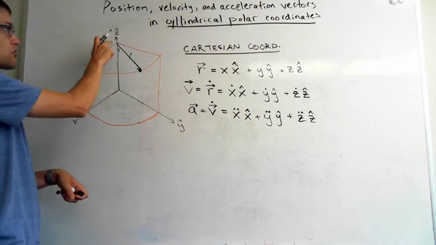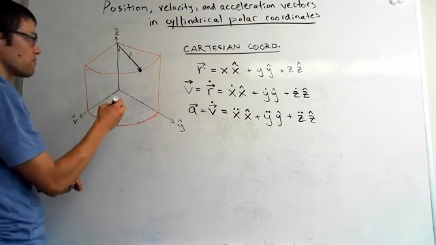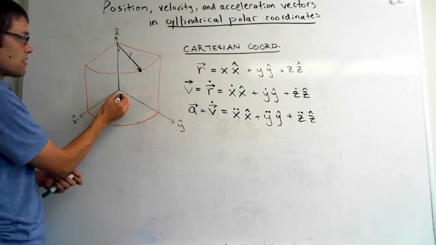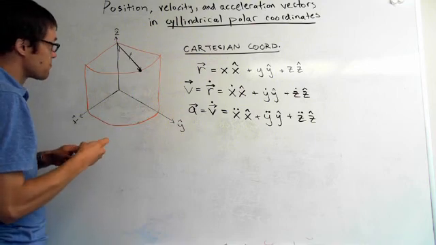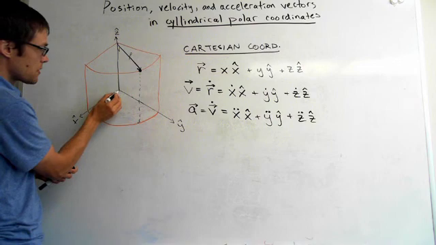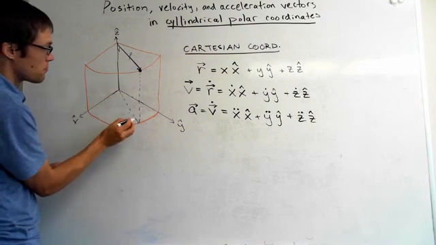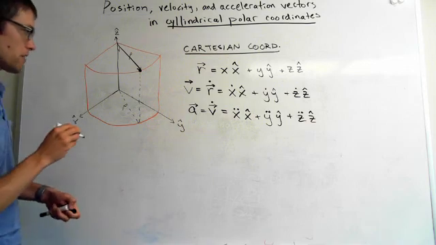So it's a line that goes straight out from the z-axis to the point, and the length of that line is the coordinate rho. Let me draw that projection of that line on the xy plane here. So this line here is length rho. That's the Greek letter rho.